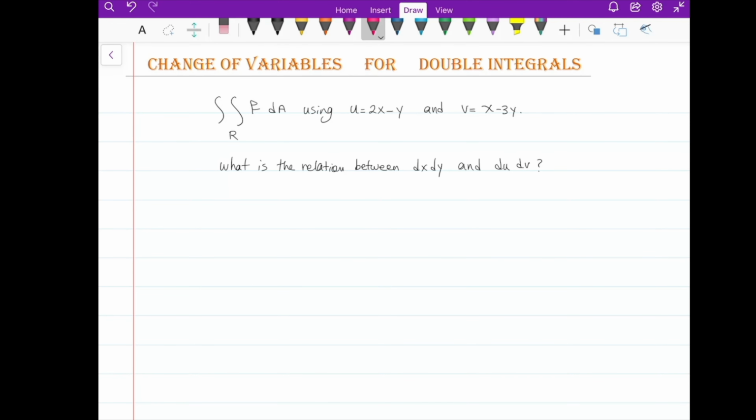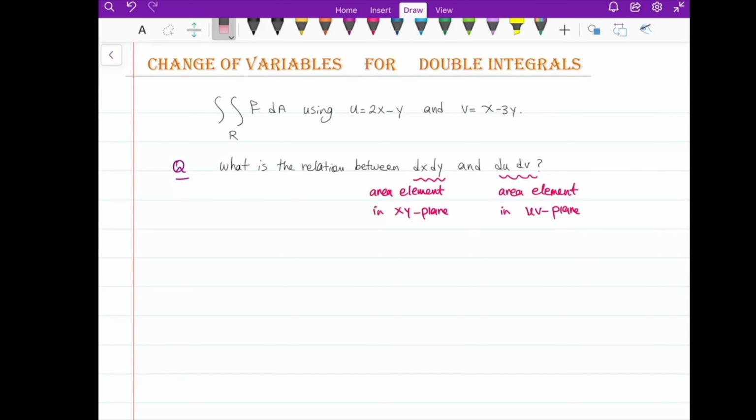So dx dy is just basically the area element in the xy plane, and du dv is basically the area element in the uv plane after we change the variables.